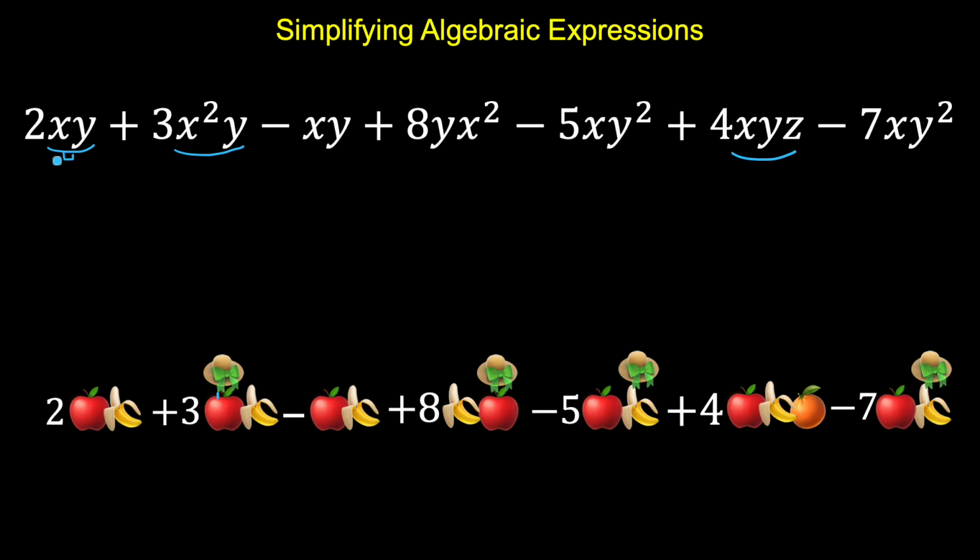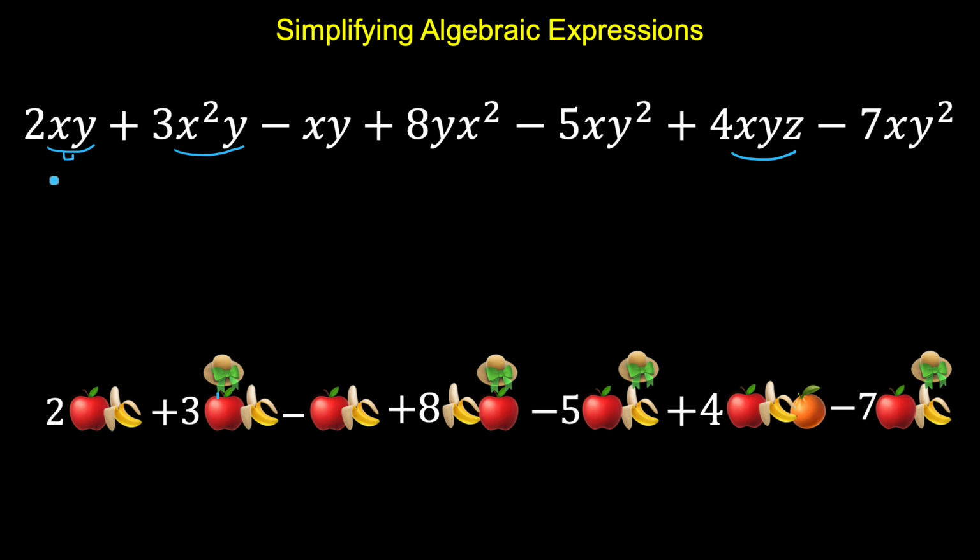And then for finding like terms, start looking for other baskets which include exactly the same fruits, with or without hat. And you know that when I say fruits, I mean variables, and when I say hat, I mean the powers or exponents for the variables.